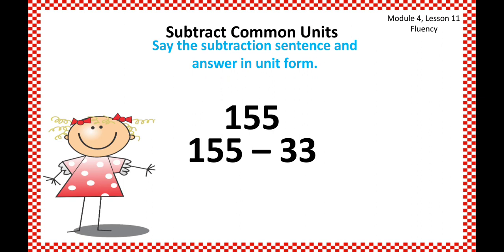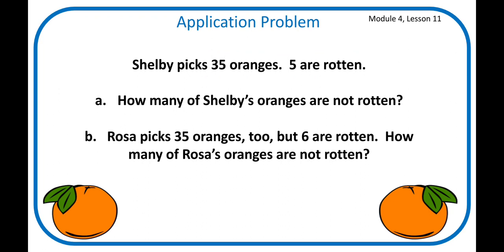There's an application problem. Shelby picks 35 oranges. 5 are rotten. How many of Shelby's oranges are not rotten? Rosa picked 35 oranges too, but 6 are rotten. How many of Rosa's oranges are not rotten?